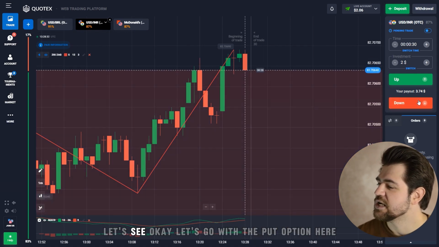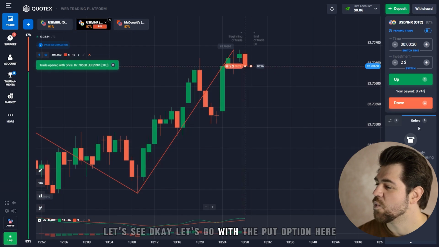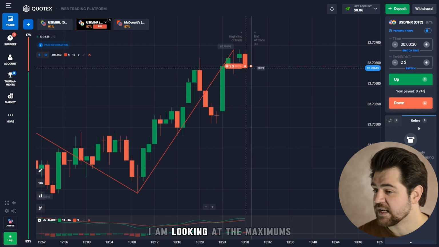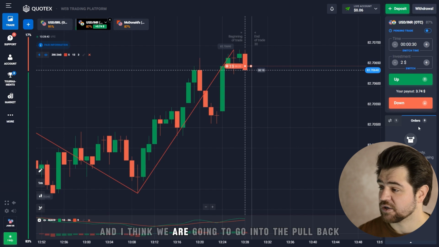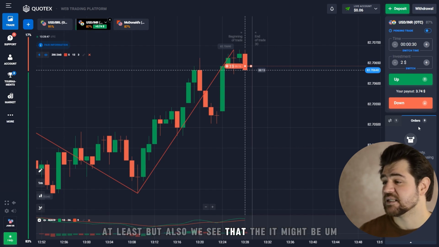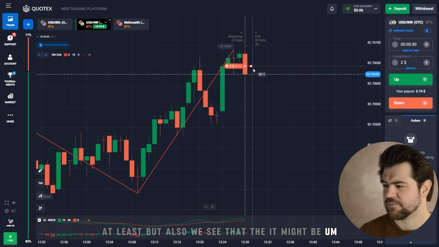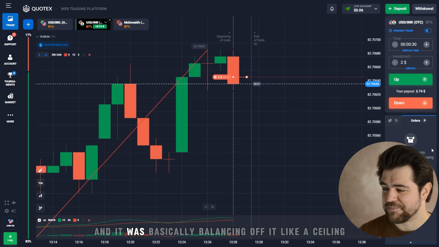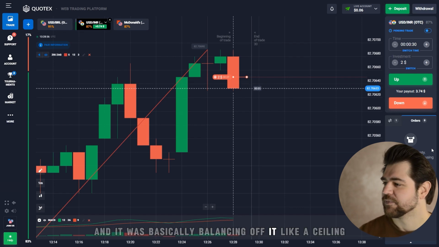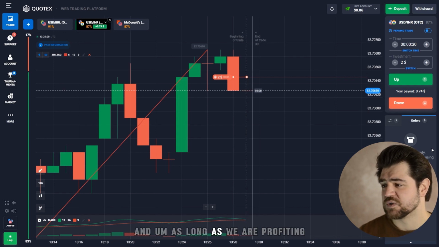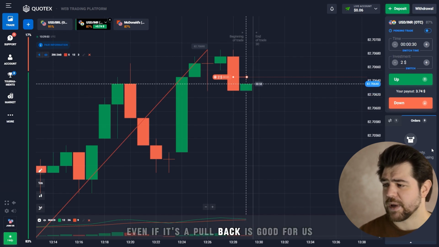Let's see. Okay, let's go with the put option here. I am looking at the maximums, and I think we are going to go into the pullback at least. But also we see that it might be kind of the top, and it's basically bouncing off it like a ceiling, and as long as we are profiting, even if it's a pullback, it's good for us.